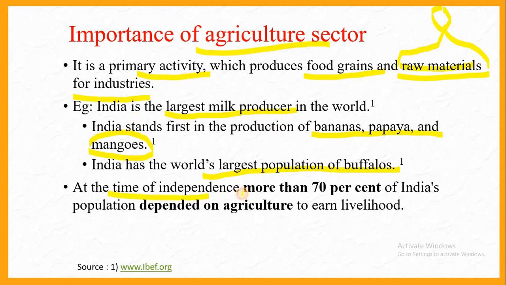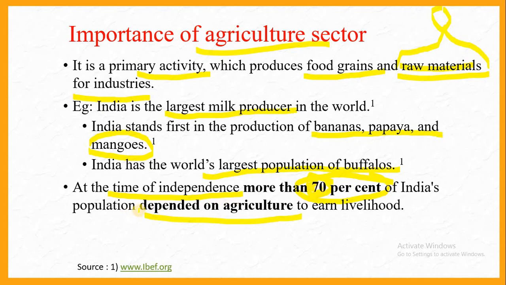During the time of independence, 70% of India's population was dependent directly on agriculture. Means out of 10 people, every 7 persons were working in agriculture. So they didn't have many industries and manufacturing sectors so that they could be provided employment.